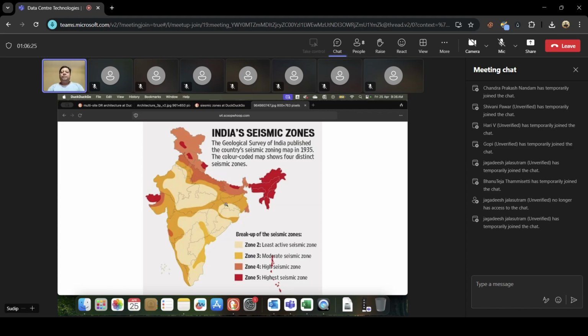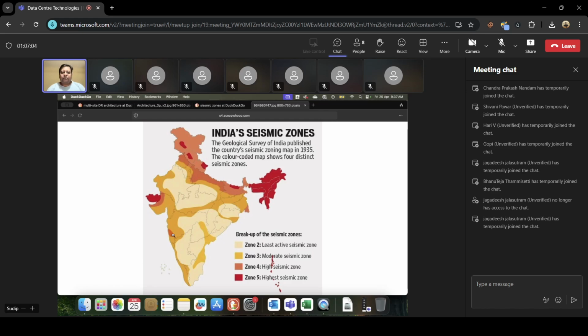So in India, you can see that Himalayan region, right from Jammu Kashmir all the way till Assam and the neighboring states, all these are very highly active seismic zones. That means the probability of having an earthquake here is very, very high. Similarly, in the tip of Gujarat, near the Rann of Kutch, the seismic activity is really, really high.